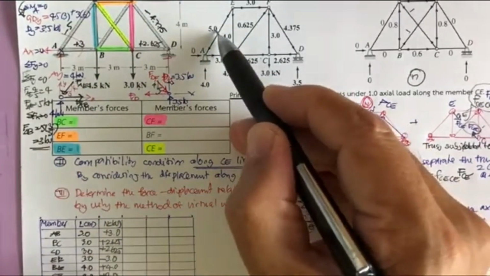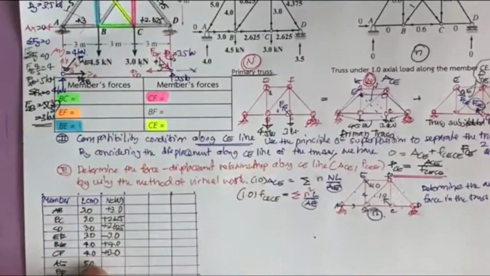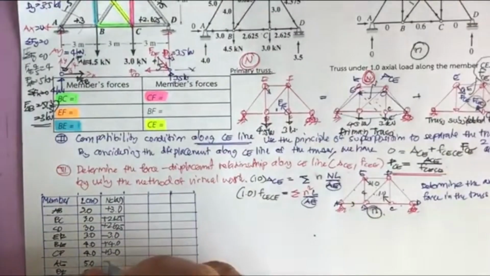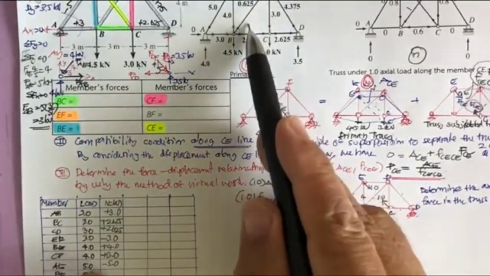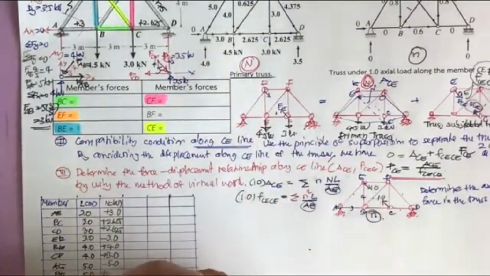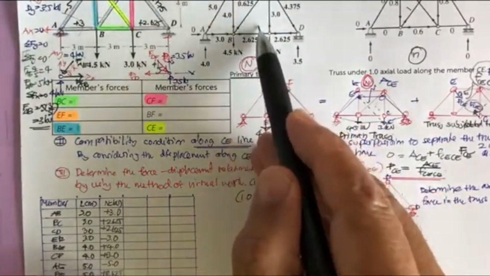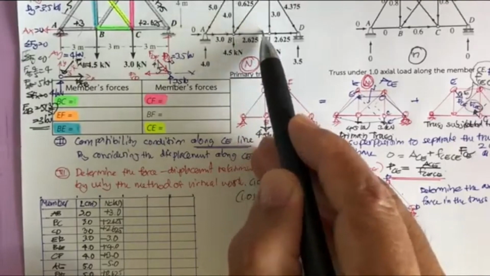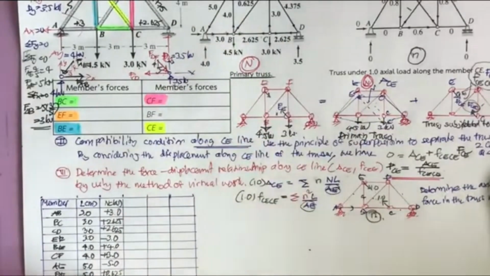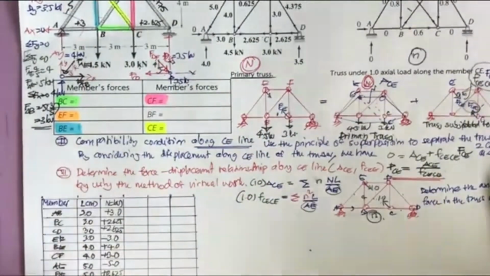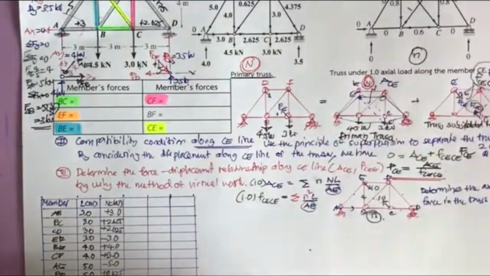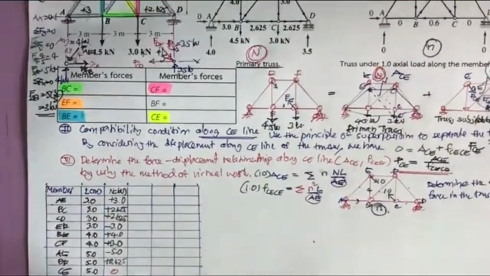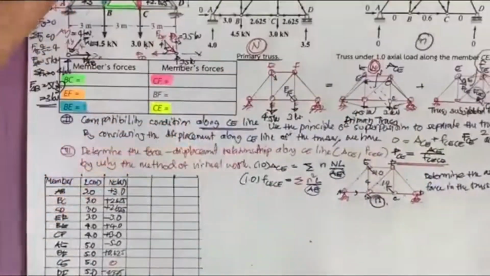This one is in compression, so you put minus 5.0, and this one is in tension, plus 0.625. Along the line of CE there is no force, so this one must be 0. And the last one is compression. You must be very careful on this. Put everything into your table.